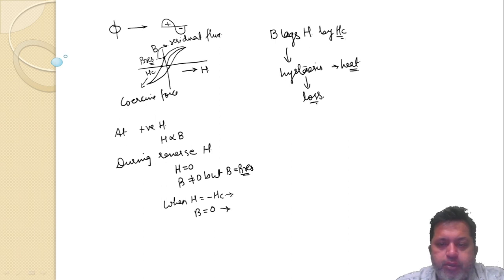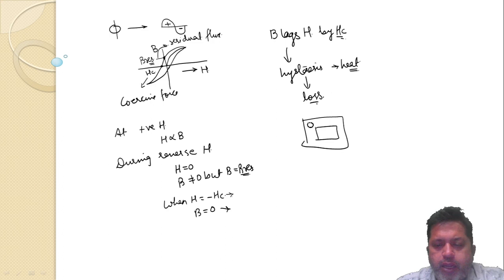Next we can say that whenever flux is flowing in a core, mostly the core is laminated. Okay, sometimes what happens is that it will find a closed path inside the core.